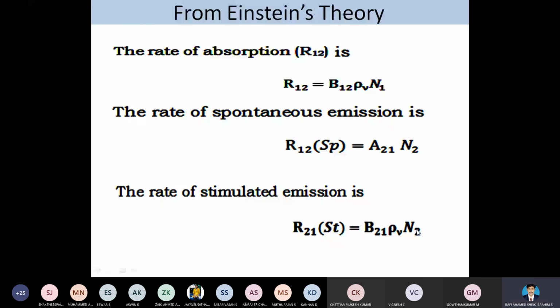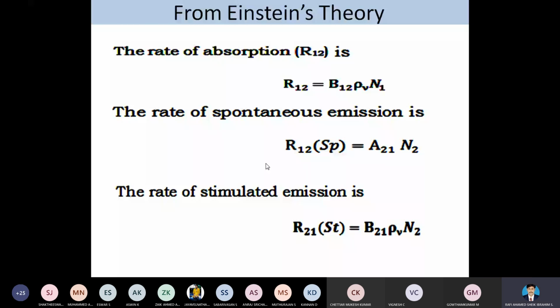So students, please consider these 3 equations. These are very important equations in laser, because this Einstein coefficient is a repeated university question. It is a small derivation part, but the derivation is very simple.